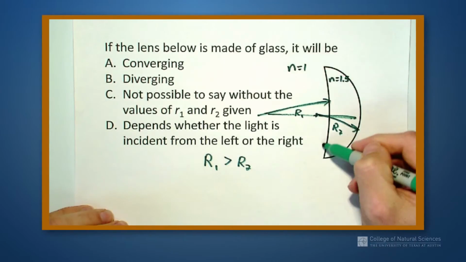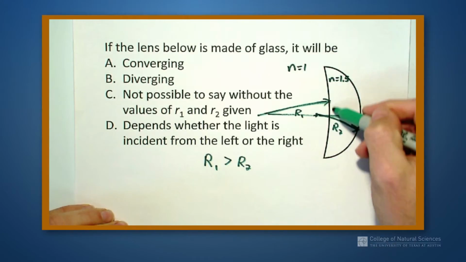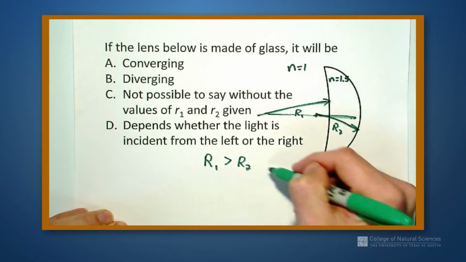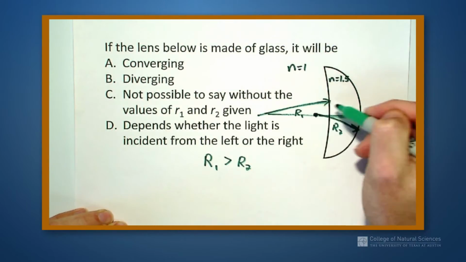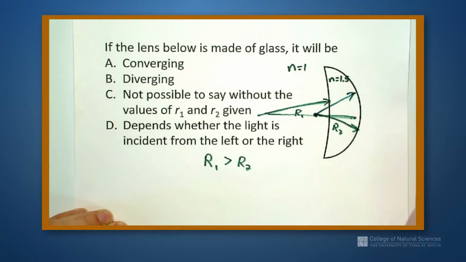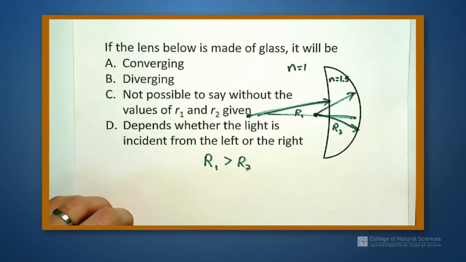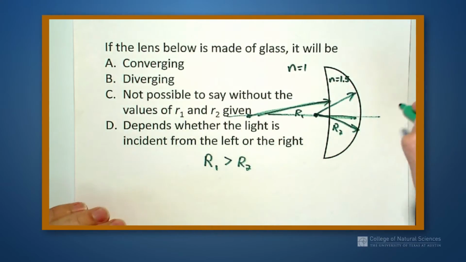This has a very shallow curve to it. It's a really big circle, whereas this one is a very small little circle. So the center of this circle is small. The center of this circle is very large, assuming that we have an optical axis along it.